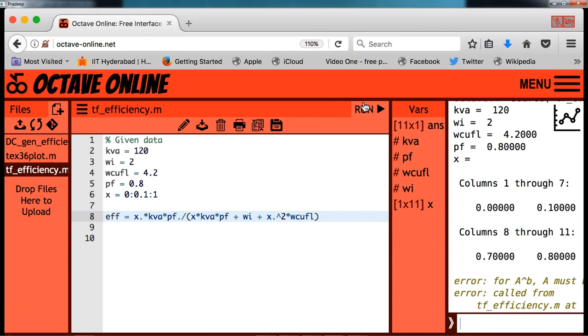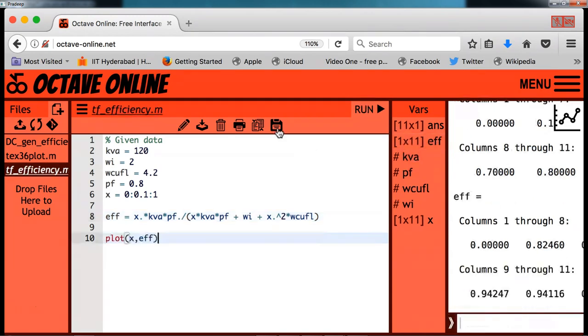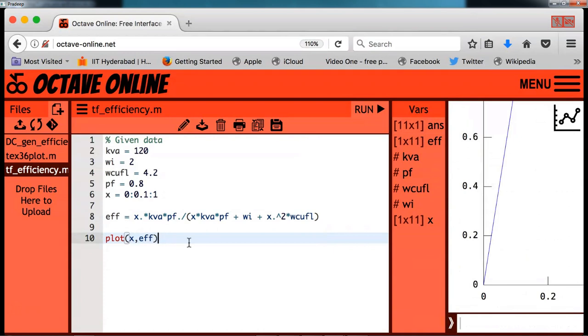So I'm getting the efficiency curve. So now plotting it. So let me execute it and see. So I can also give some notation.